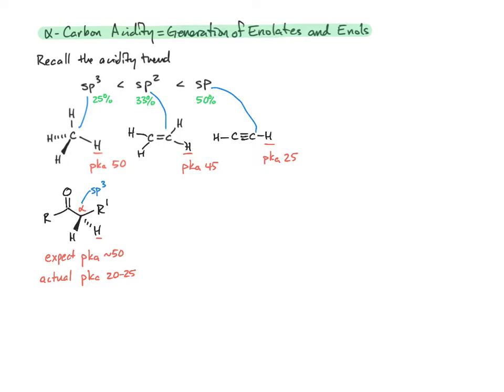So if we consider the following, if we treat this compound with some base, and again, the verb of a base is to abstract a proton. I'm going to say this base is negative. It's abstracting that proton. We're breaking the CH bond. The lone pair of electrons then resides on the alpha carbon.